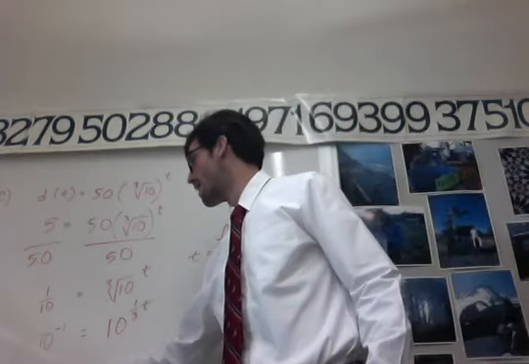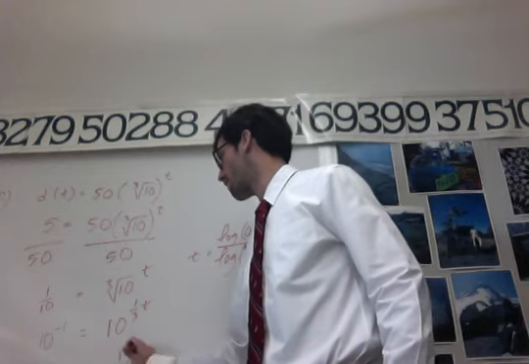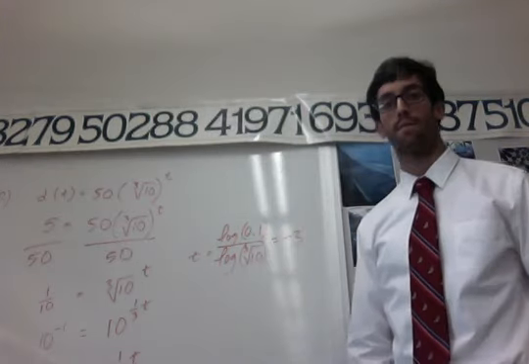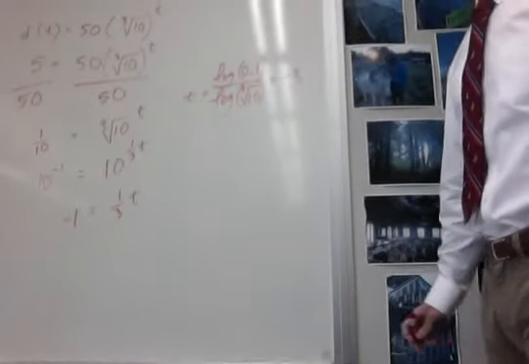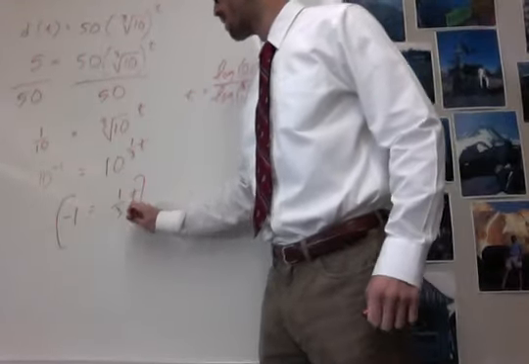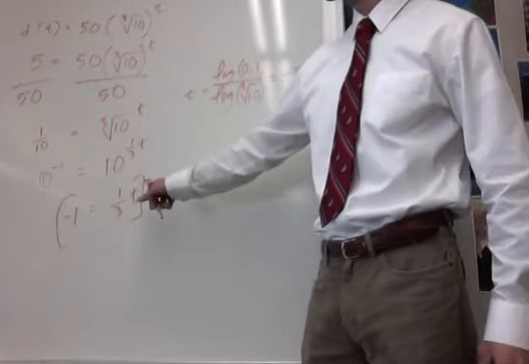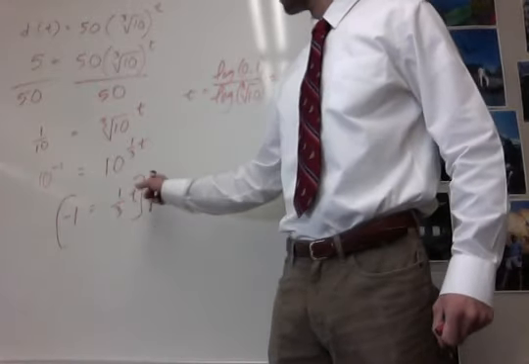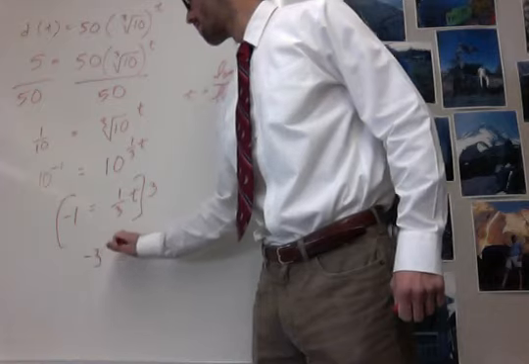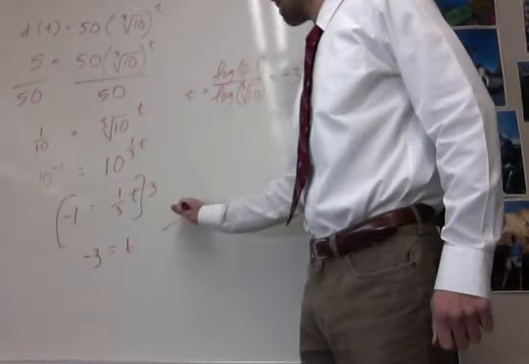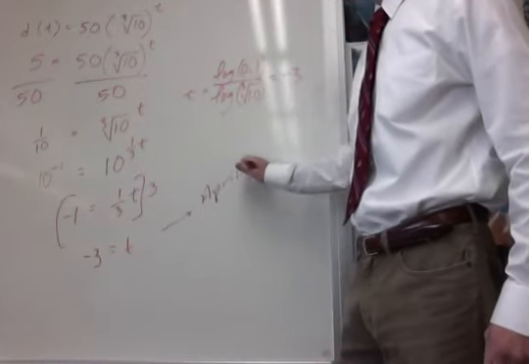So now our equation is -1 equals 1/3 t. From that point, I would just multiply both sides by 3 to get the positive 1t. And we get t equals -3. So that implies April 22nd, right?